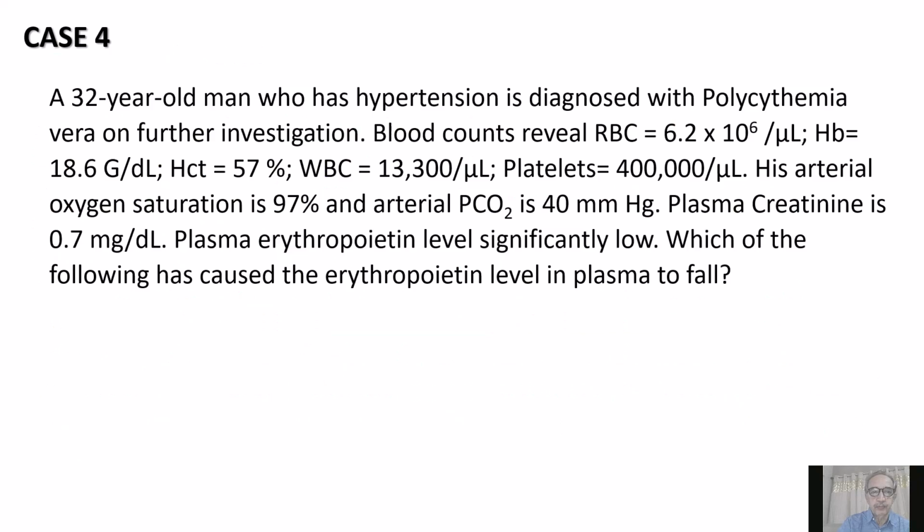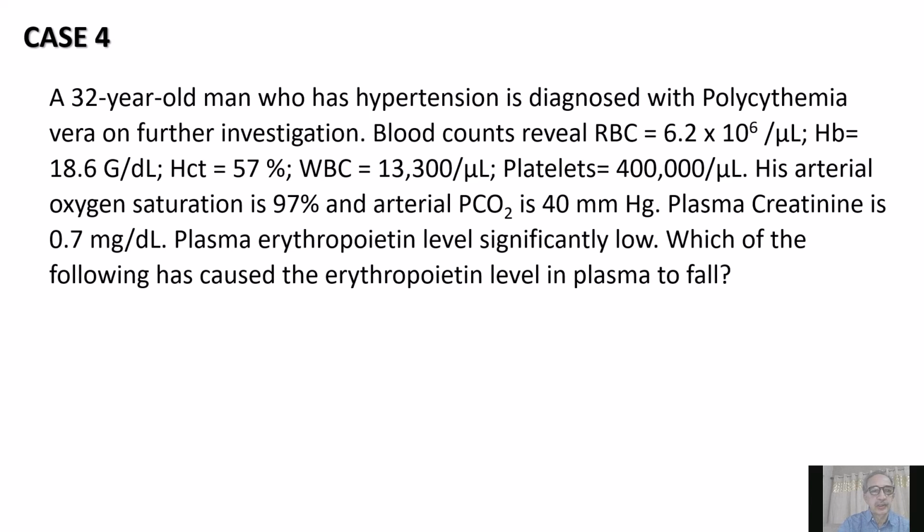Case 4. A 32-year-old man who has hypertension is diagnosed with polycythemia, another case of polycythemia vera. On further investigation, blood counts: RBC 6.2, hemoglobin 18.6, hematocrit 57, WBC 13,300, platelets 4 lakhs.